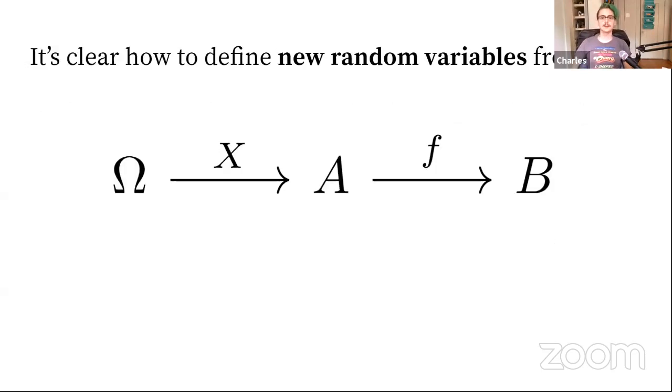So the first thing is that it's clear how to define new random variables from old ones based off of this definition. Maybe we want the number of tweets in the next millisecond, but maybe we want to say whether that number is above 10,000 or below 10,000, right? Because that's what's going to cause higher load on our server.